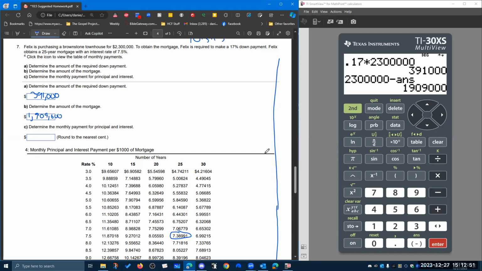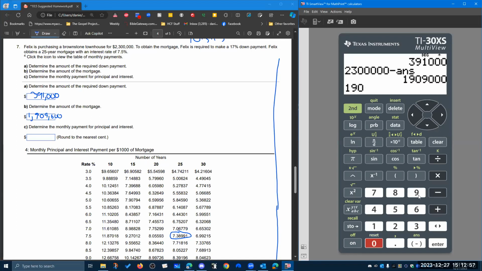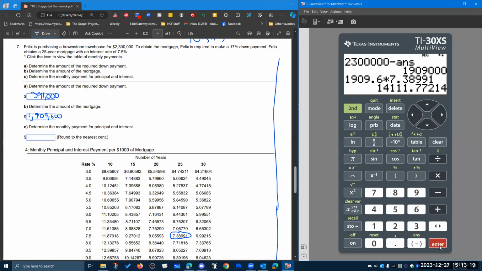And we have 1,909 thousand times 7.38991, and that gives us a monthly payment here of $14,111.77.